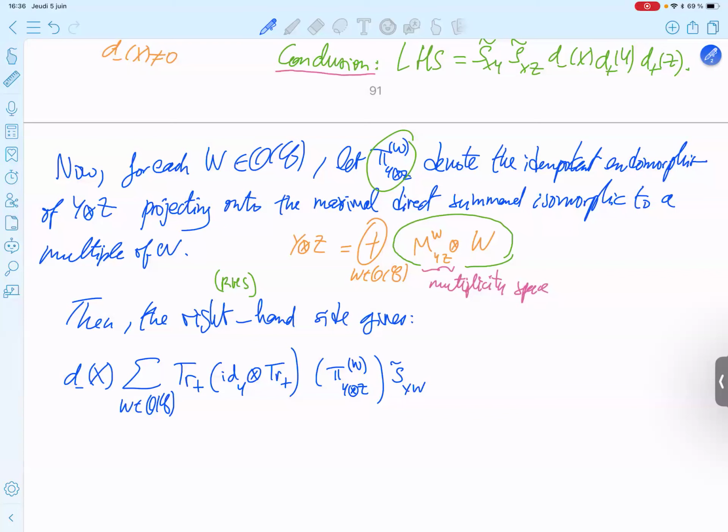This is a way to evaluate the right-hand side, and you can simplify as follows again. Sum for W in simple object D plus W T Y Z, so the trace before.